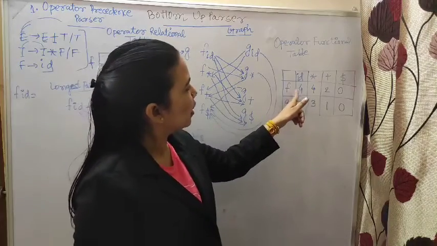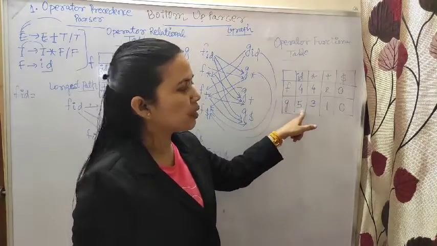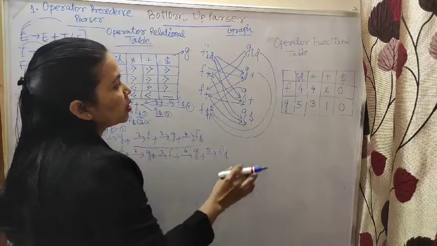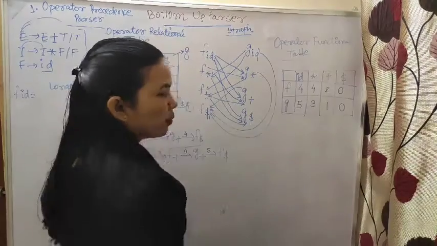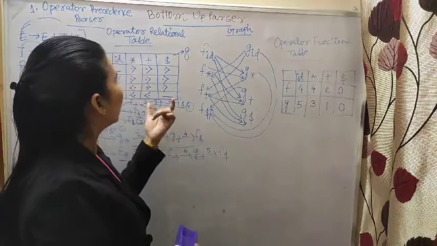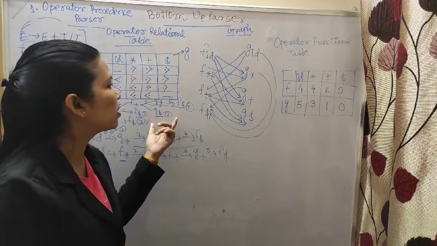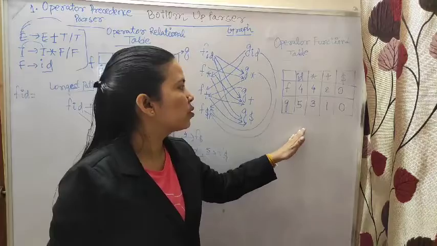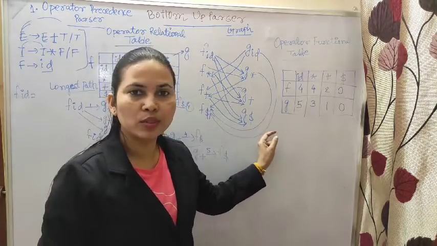But look here, FID is 4 and GID is 5. This is the advantage, or you can say demerit also, because in the operator relational table a null entry is available, but in the operator functional table there should always be some value.